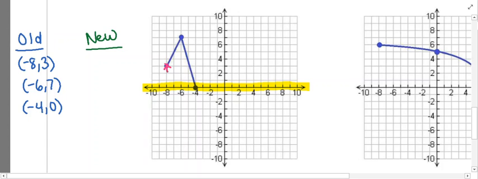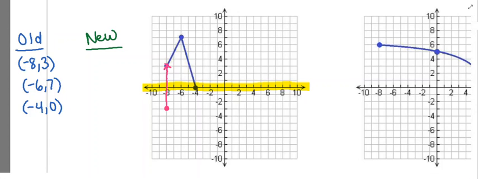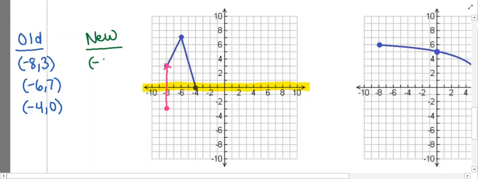This point is 1, 2, 3 units above the x-axis. So when I fold my sheet of paper, it's going to go 1, 2, 3 units below the x-axis. So it's going to go to the point negative 8, negative 3. That's where it's going to end up.